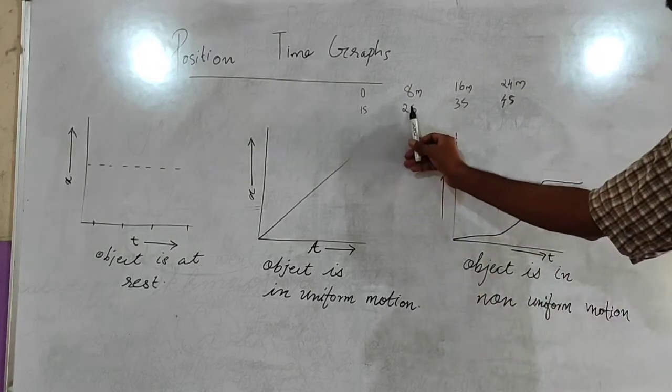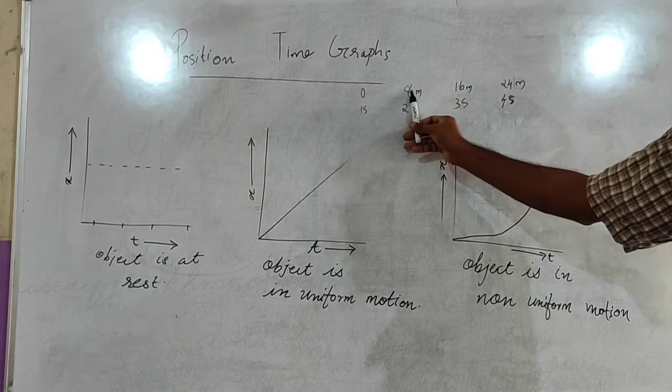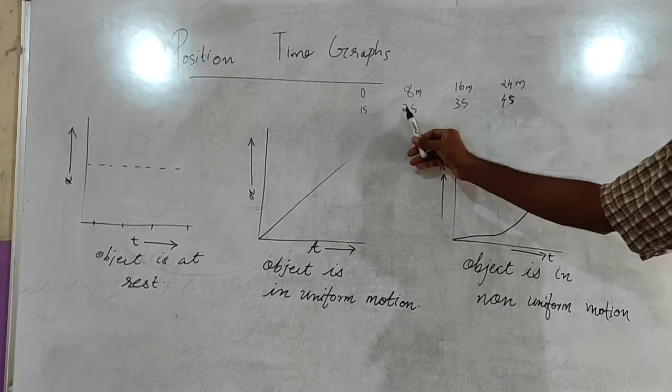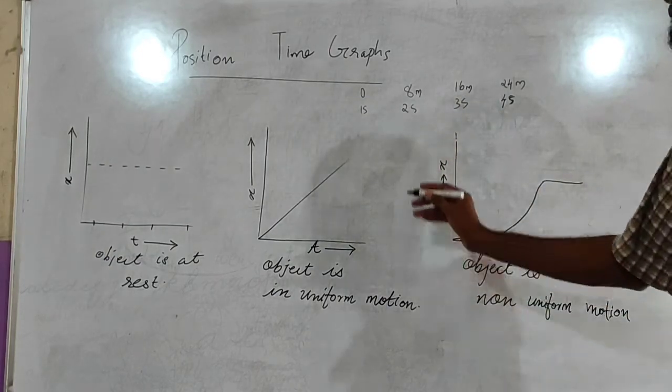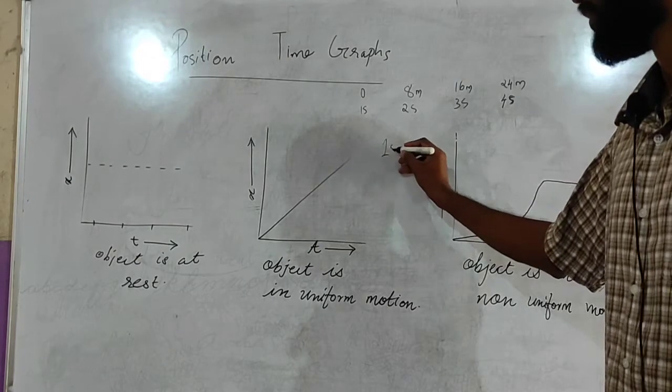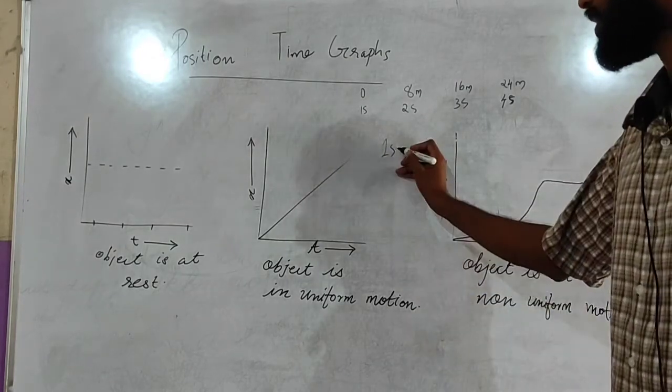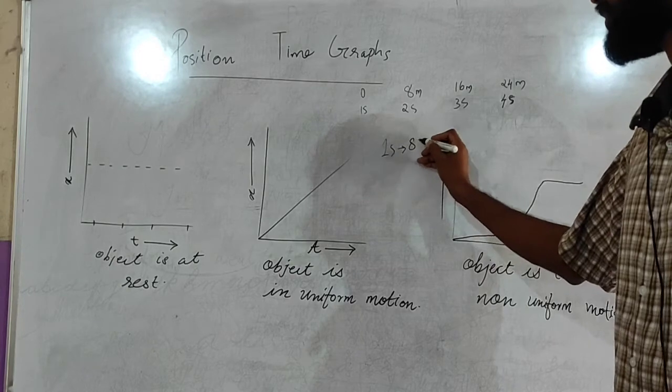At 2 seconds it was at 8 meters, and at 3 seconds, the next 1 second gap, it is at 16 meters. So for a 1 second gap, the displacement happening is 8 meters, isn't it?